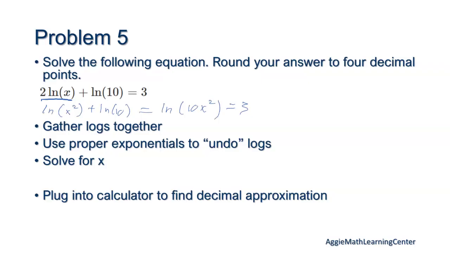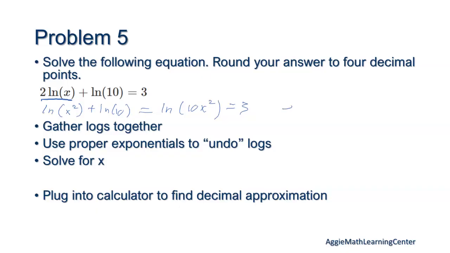So if we're trying to undo that log, then we need to do an exponent. And so ln is log base e. So to undo the natural log function here, we're going to raise both sides to the power, or do e raised to that information that's in the equation.